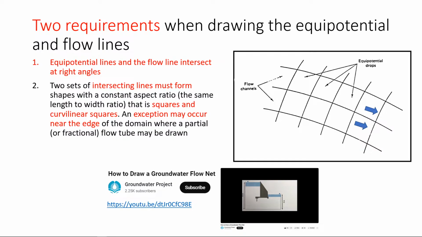And you keep erasing and drawing again until you try to make some square shape or curvilinear square, and then you will have your flow line and flow net drawn. And from this flow net drawn, you can estimate Q, for example, as I will show you next.